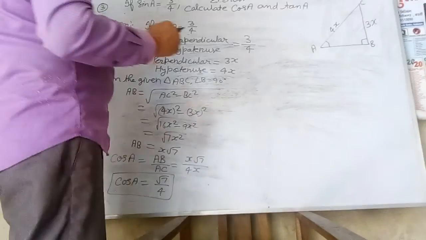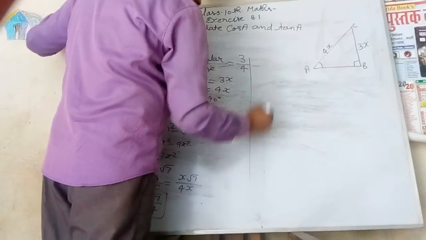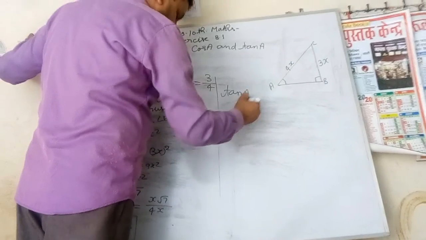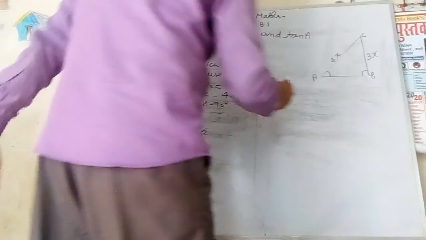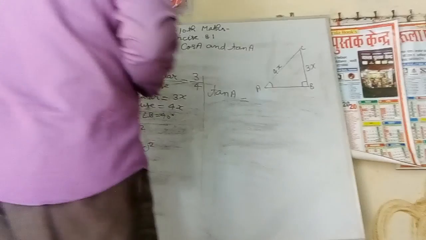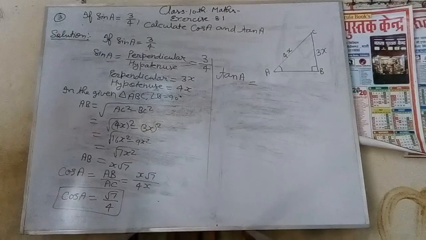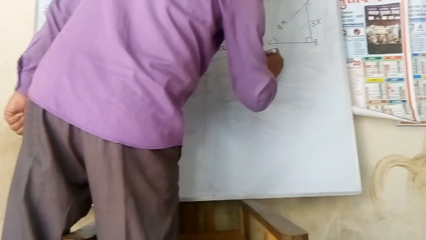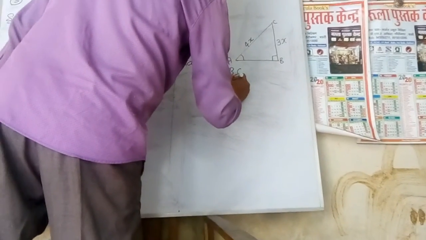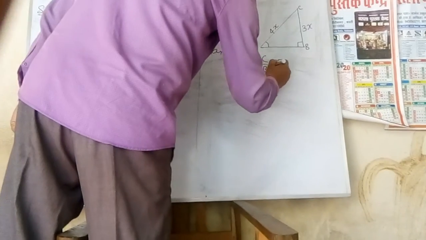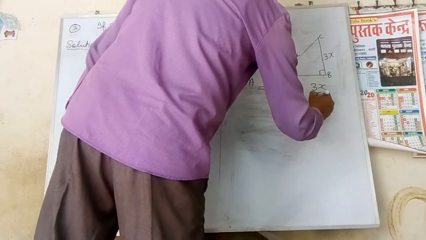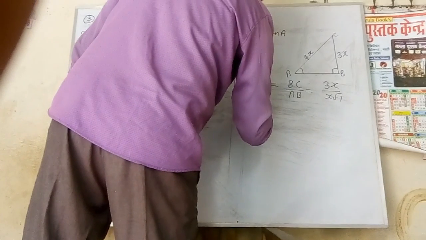And tan A, tangent of angle A equal to, since tan equal to perpendicular upon base, so perpendicular is BC. BC upon AB equal to BC is 3x upon x root 7, and x will cancel out.